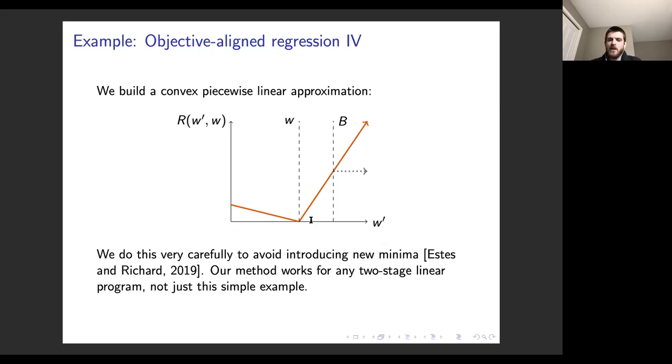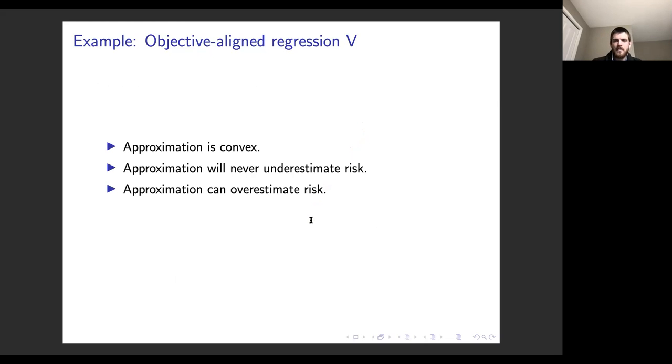To be clear, our method works for any of these two-stage linear programs, not just this one-dimensional simple example. And we have some guarantees about our approximation. It's convex. It never underestimates the risk, though it can overestimate. So you don't have situations where you think you're doing a lot better than you are, but it can be suboptimal because of the overestimation.